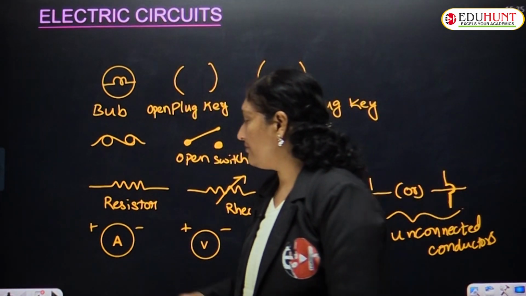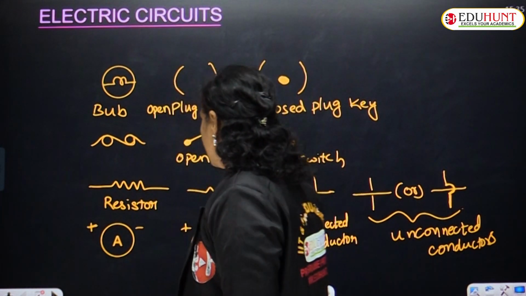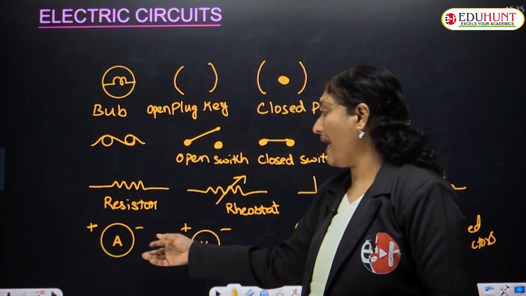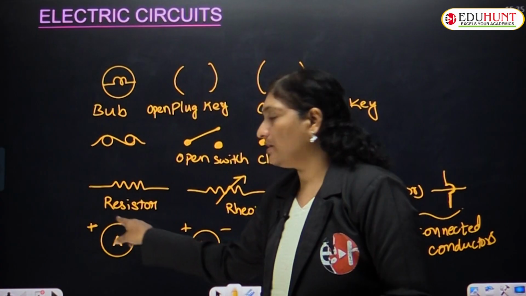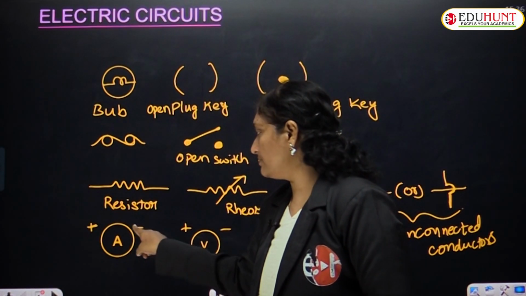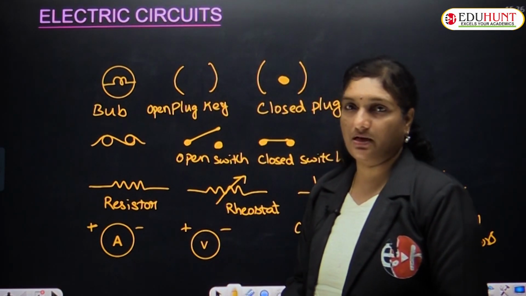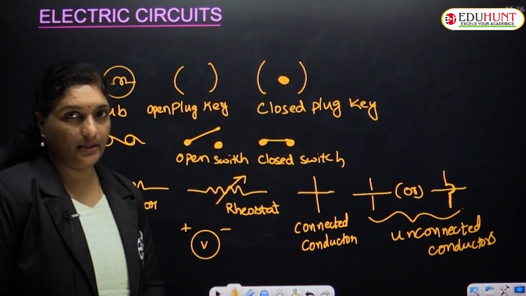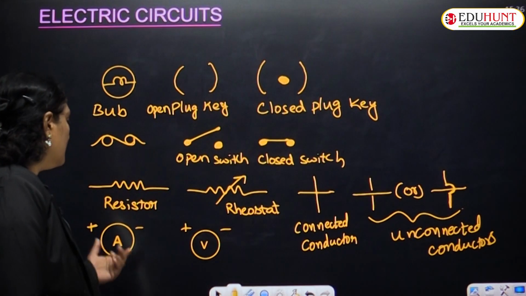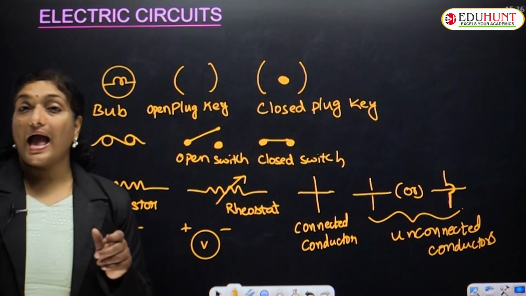And this is the symbol for an ammeter, and here is the symbol for a voltmeter. Whether it is an ammeter or a voltmeter, there will be two terminals: one is the positive terminal, the other is the negative terminal. Let us discuss the ammeter and voltmeter in detail. So what is an ammeter?